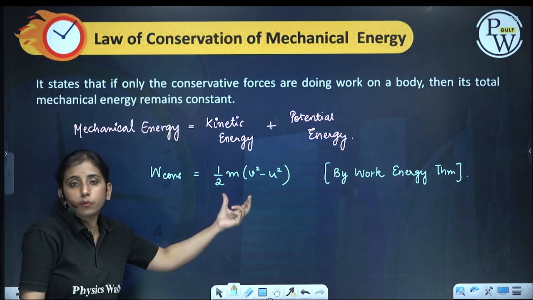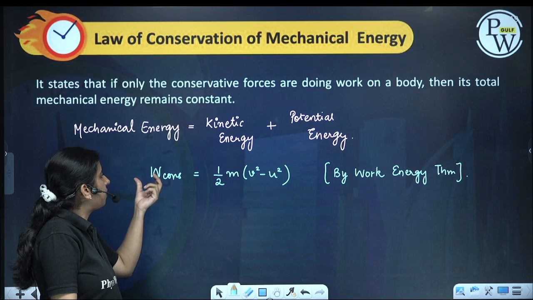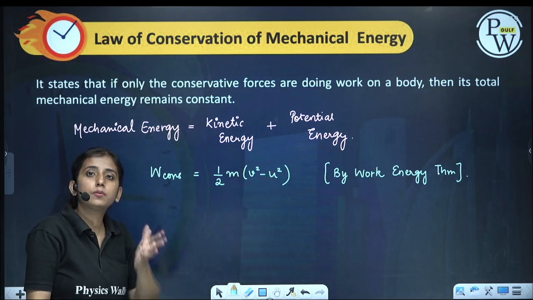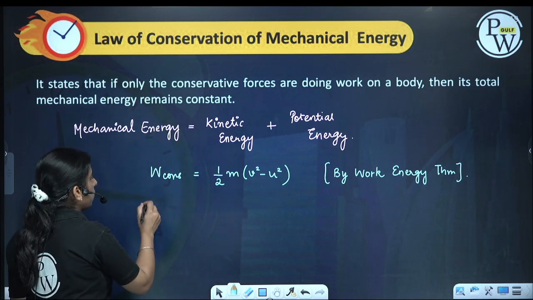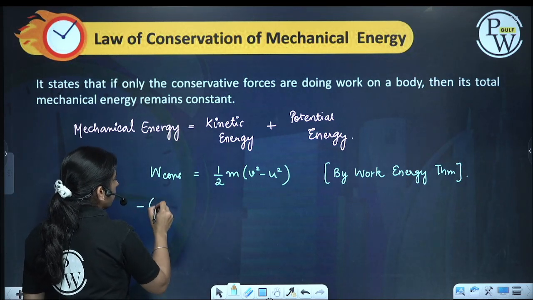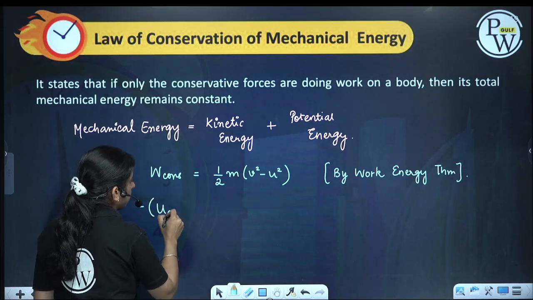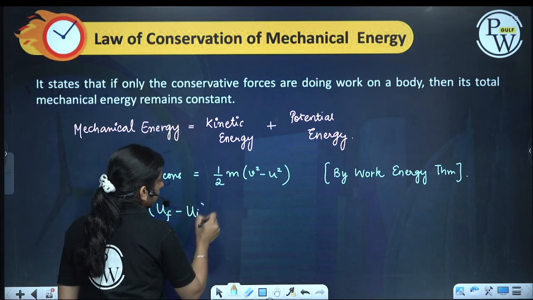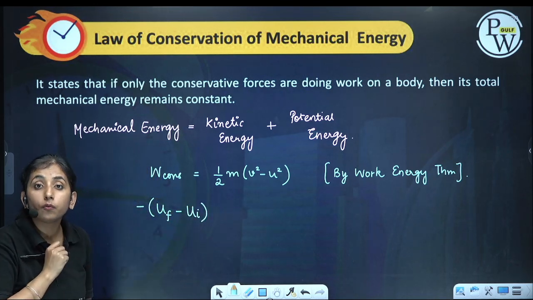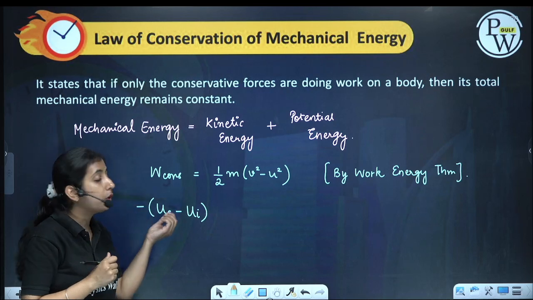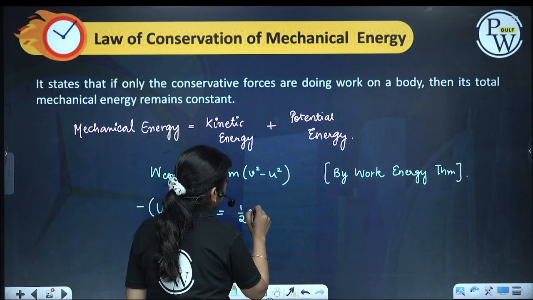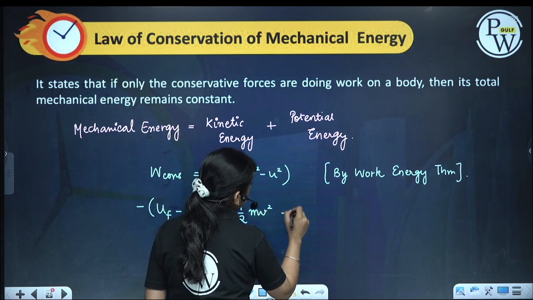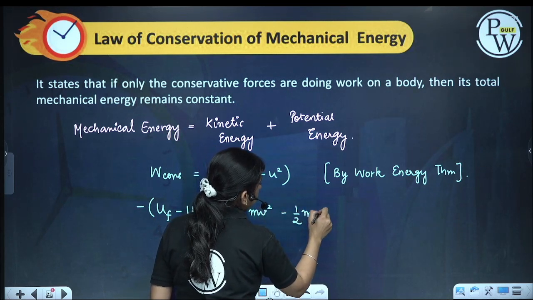Only conservative forces are present, so work done by conservative forces will be equal to the change in kinetic energy. Also we know that work done by conservative forces is equal to the negative of the change in potential energy. So this will be equal to half m v square minus half m u square.